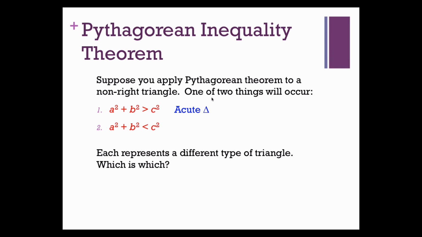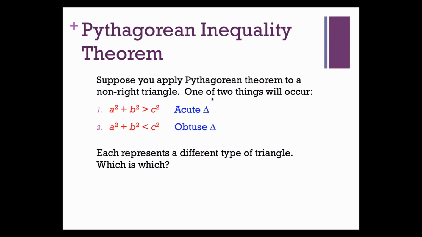Which means that's acute, and the other one is obtuse. Way back in chapter 1 or 2, when we were talking about triangles, we would classify triangles by their side length, which was scalene, isosceles, equilateral, and sometimes by the angles, acute, obtuse, and right. We ran into some instances where we couldn't talk about whether it was acute, obtuse, or right. That problem is now solved.